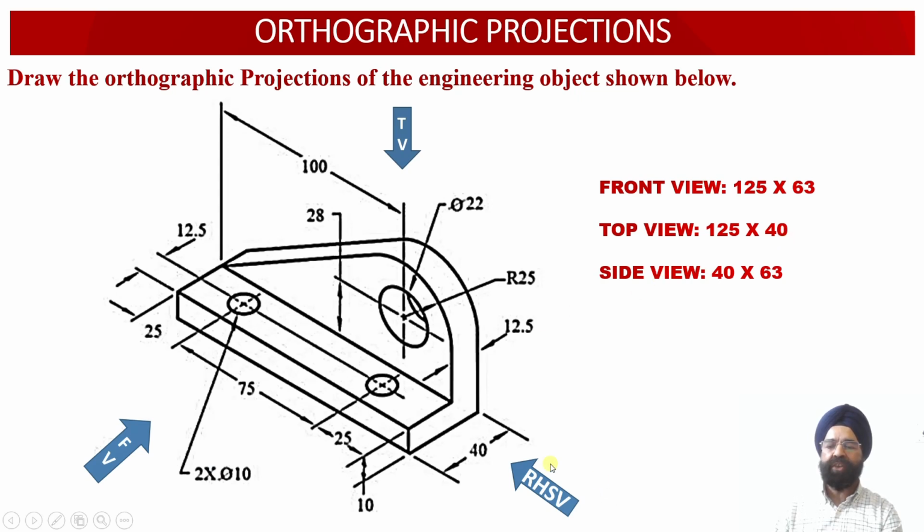Now when we look at the solid from the right hand side view, we have got the dimensions of the right hand side view face as 40 millimeter, which is the depth of the solid, and 63 millimeter, which happens to be the height of the solid. So this way we have been able to evaluate the dimensions of the front view face, top view face and the side view face over here.